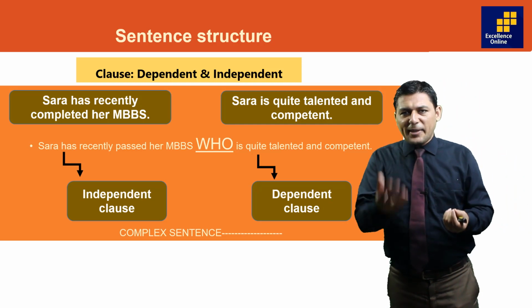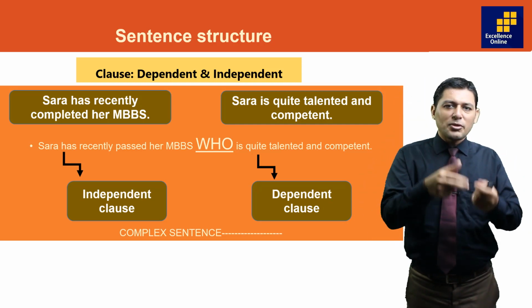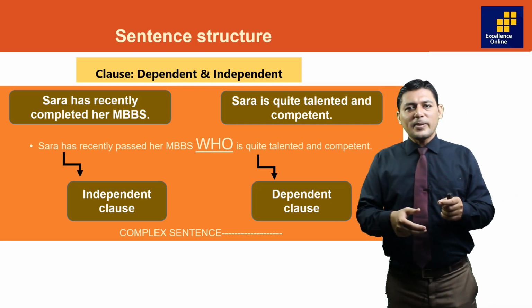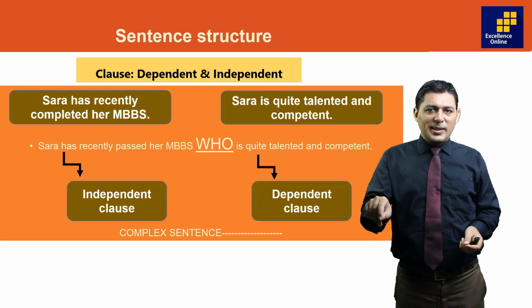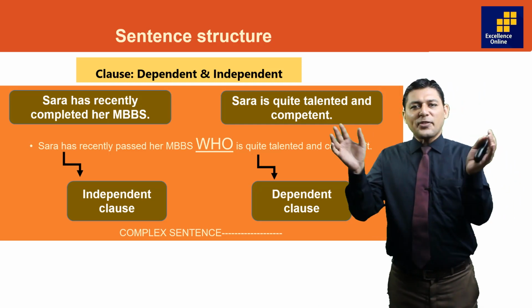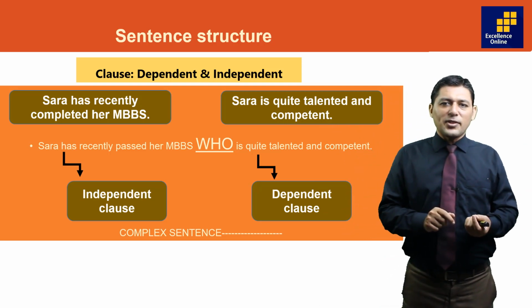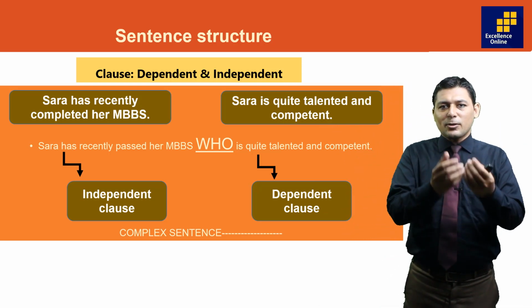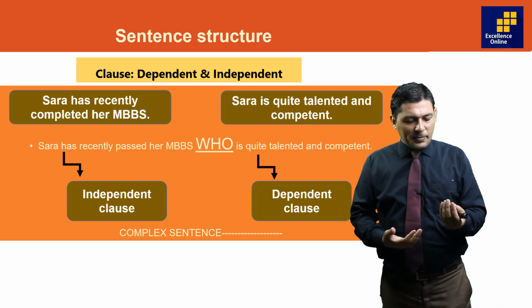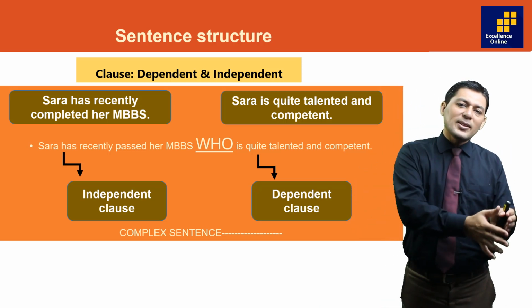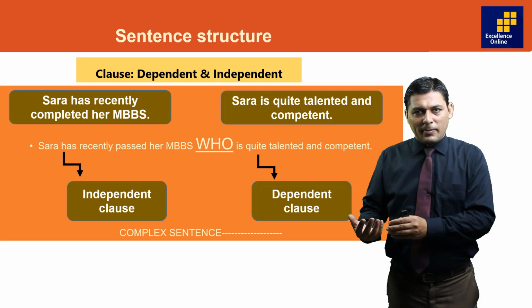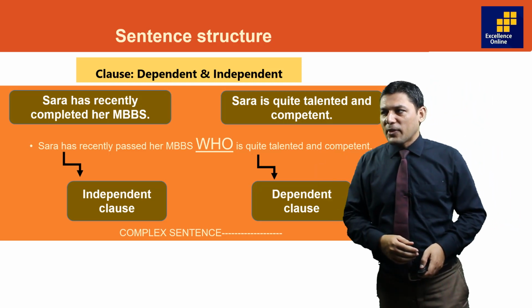If we have a sentence which has 2 clauses or more, consisting of a dependent clause and an independent clause, it is known as a complex sentence. Hopefully you are getting it. The complex sentence definition is a sentence which has 2 clauses or more than 2 clauses, one dependent and the other independent. So this one is a complex sentence.